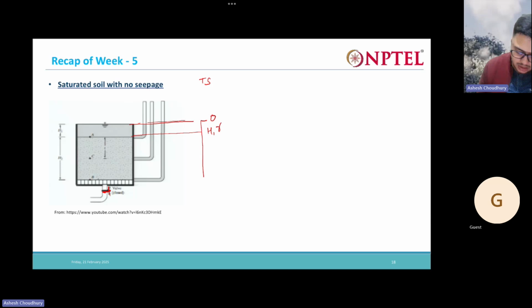H1 times gamma W. Now at this point, what is the total stress? H1 times gamma W plus Z times gamma sat. This point, what is the total stress? H1 times gamma W plus H2 times gamma sat.